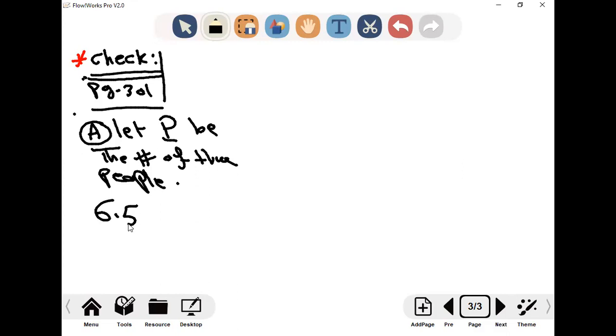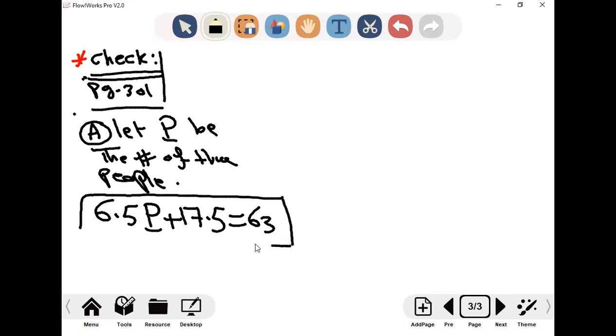The zero has no need to be written after the decimal. 6.5P means 6.5 multiply the number of the people, this part for the tickets, plus the total money for the snack, 17.5 they spent. Right, we understood how we write the equation.